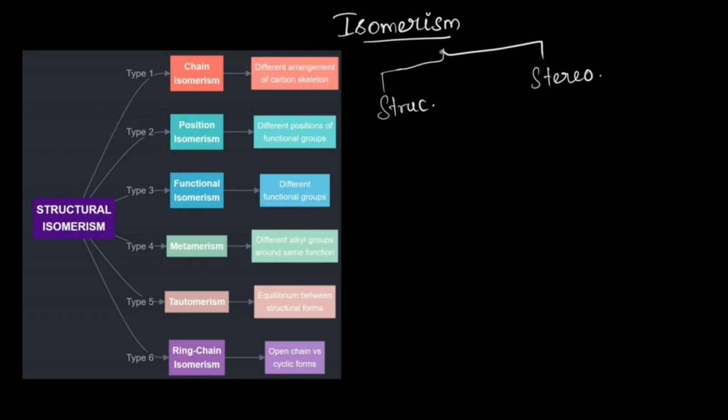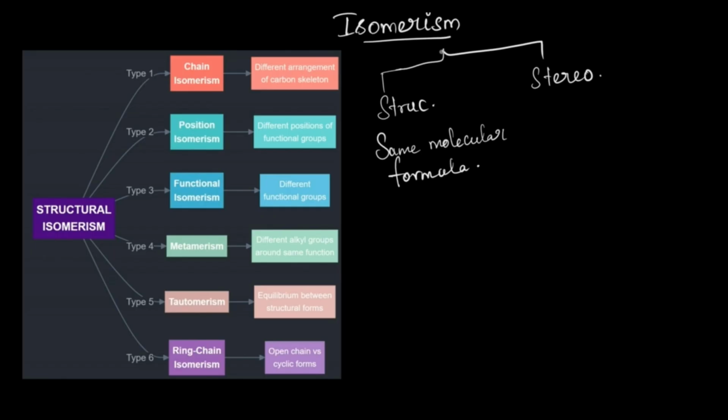First, structural. It is very simple, okay? But questions can be asked from this part a lot. Structural isomerism, as the name explains, the structure varies. Same molecular formula, but different structural formula, different way of writing it, okay?